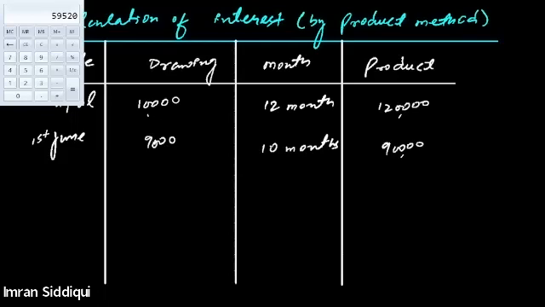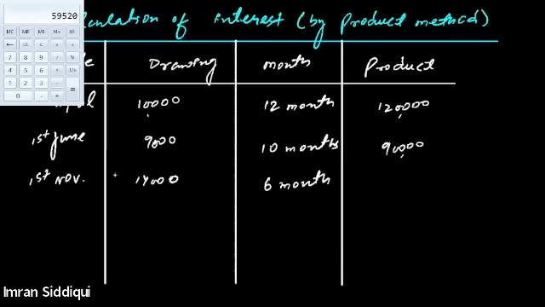Then the next withdrawal was made on 1st of November, and the amount of drawing was 14,000. So after the 1st November, how many months are still left? November, December, January, 6 months. Multiplying 14 into 6.